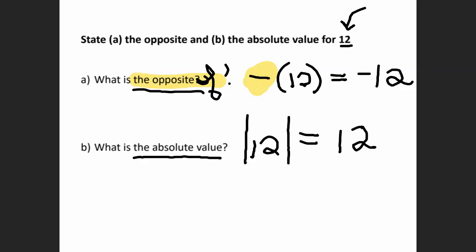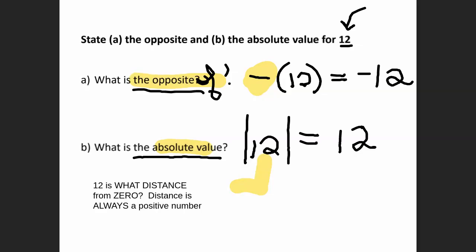The absolute value is saying that this number, the number inside, 12, is what distance from 0? Distance is always a positive number.